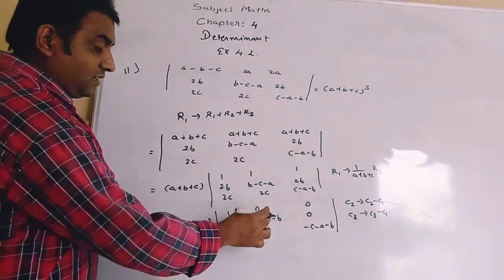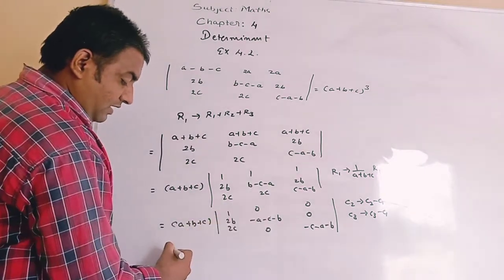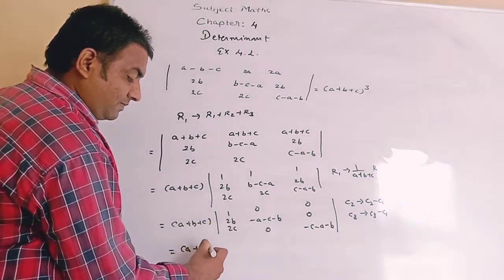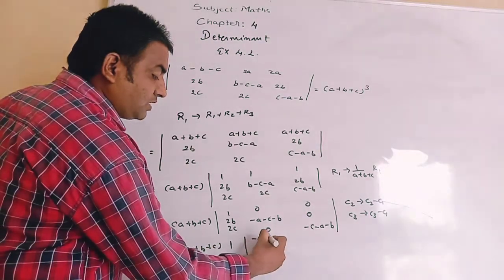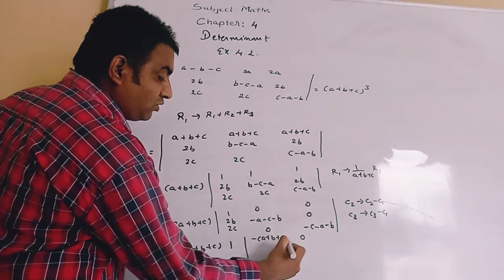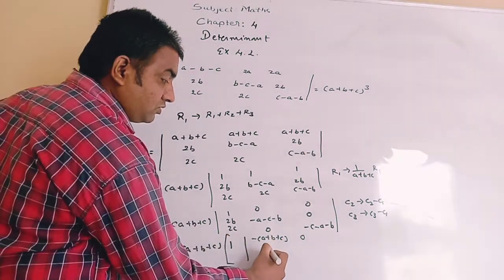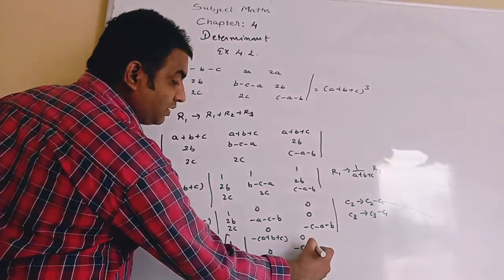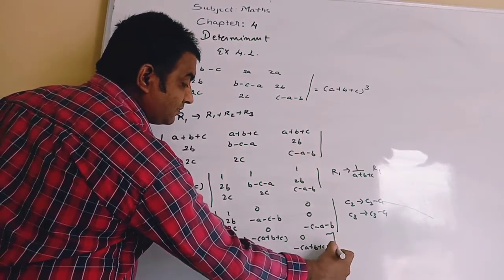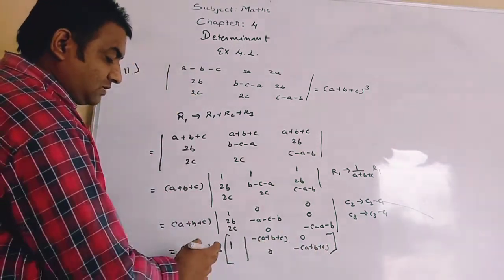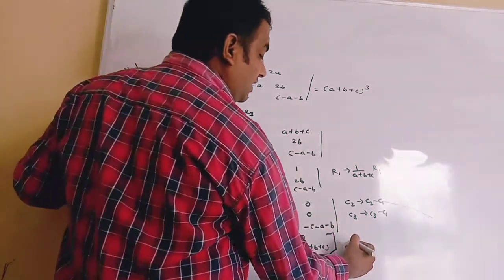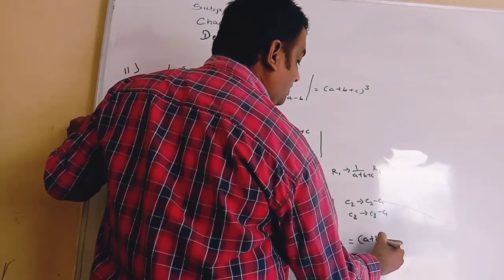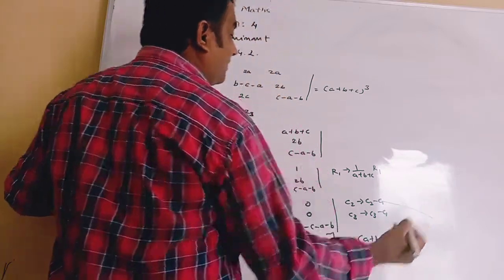So now we can expand with 1, then a plus b plus c, 1 into minus a plus b plus c, 0, 0, minus a plus b plus c. And so these two minus minus multiply, so a plus b plus c whole square into a plus b plus c, which will give the answer a plus b plus c whole cube.